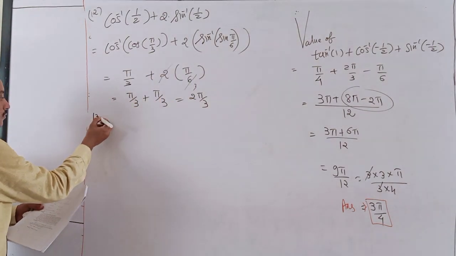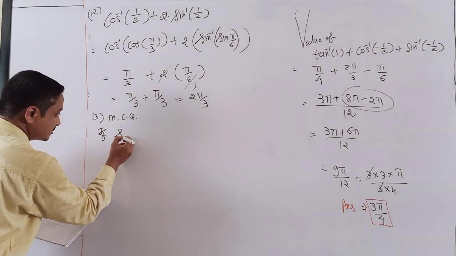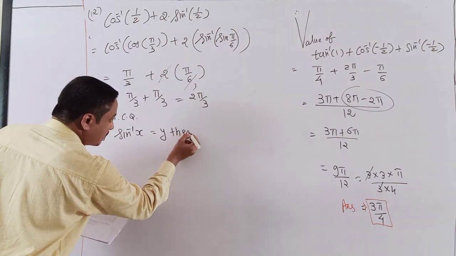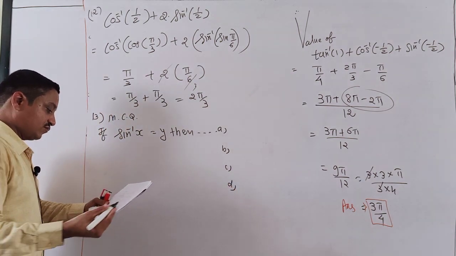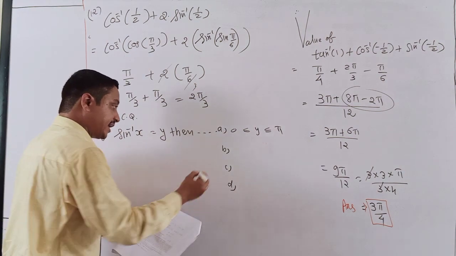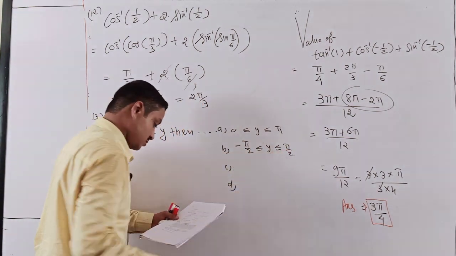Now 13. One of the MCQ type question. If sin inverse x is equal to y, then asking further MCQs, 4 options asking. First, 0 to pi. Second, minus pi by 2 to pi by 2.